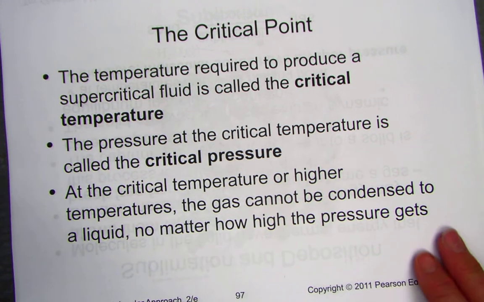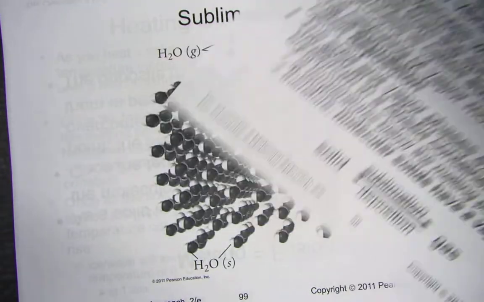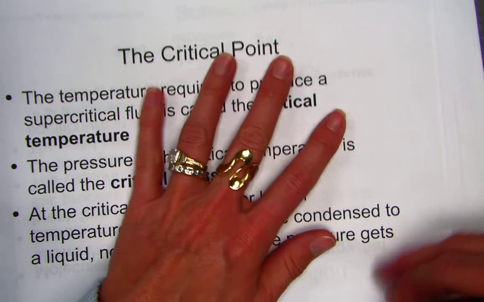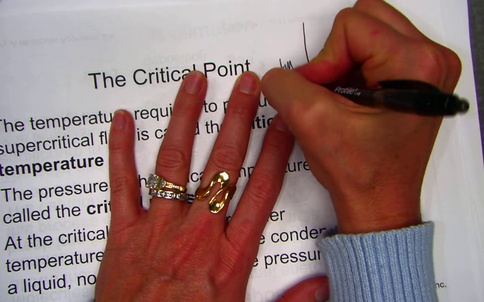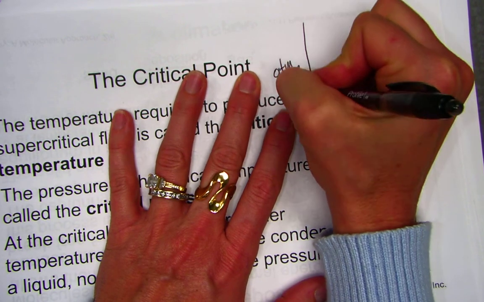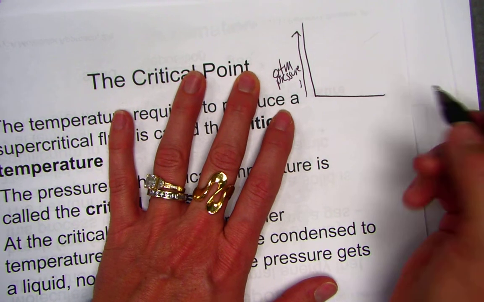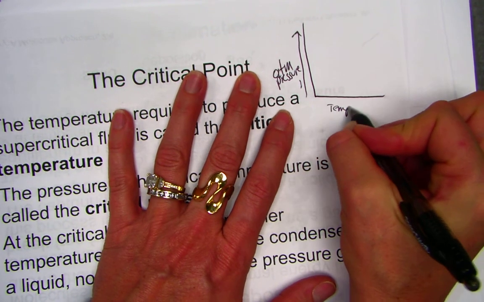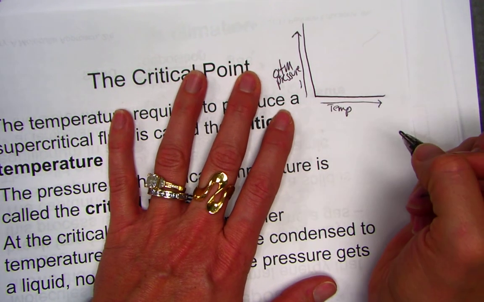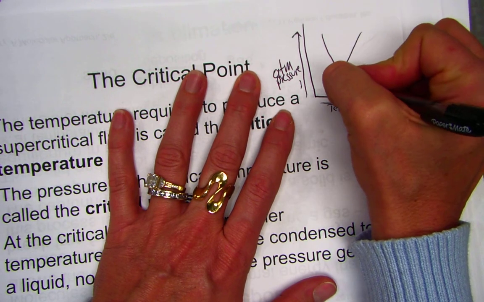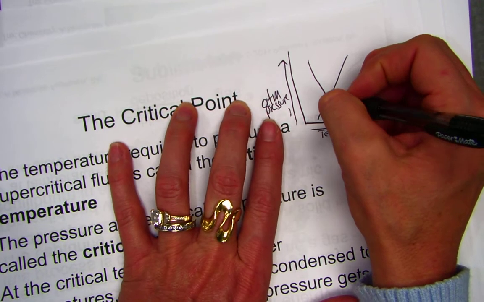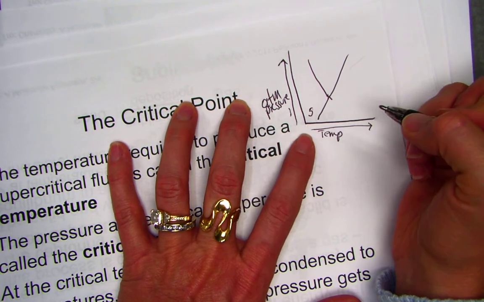And it's easy to see that perhaps on a graph instead, and I'm just going to draw one over here. If this is pressure, atmospheric pressure increasing up the y-axis, and this is temperature, increasing along the x-axis. We have an equilibrium, typically along this line, where at very low temperatures we have the solid phase.